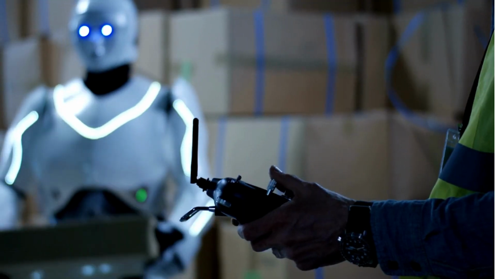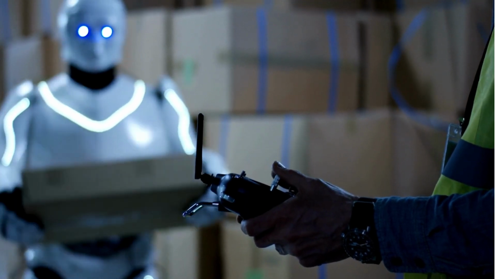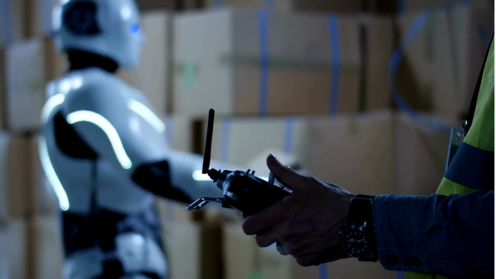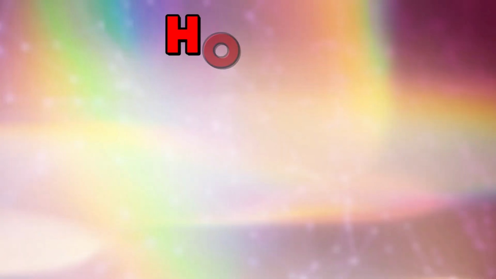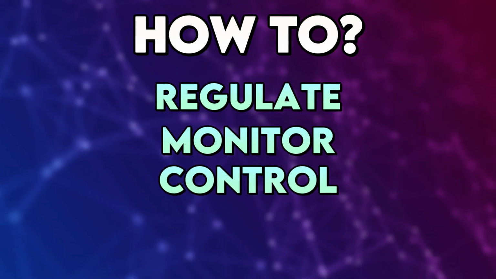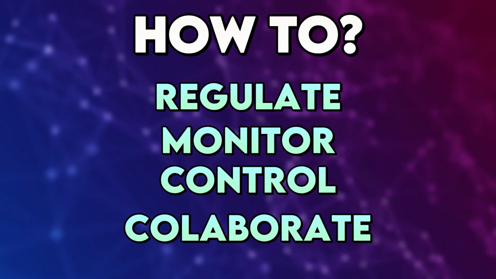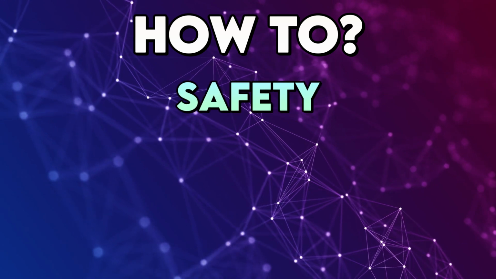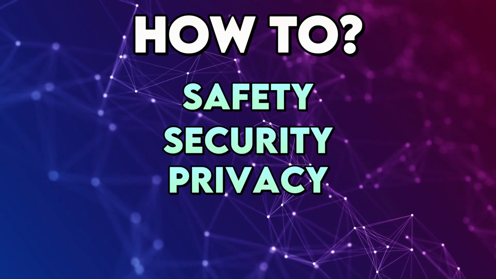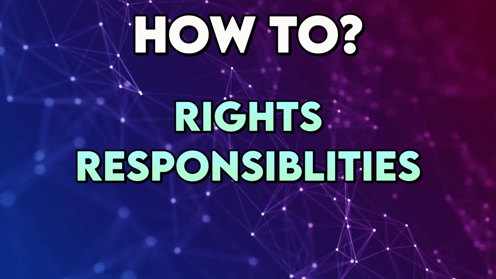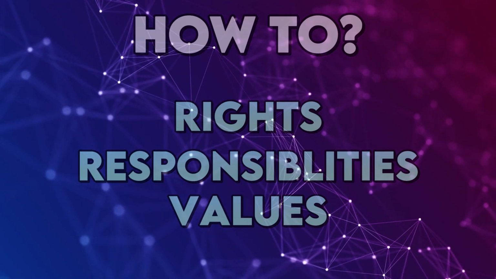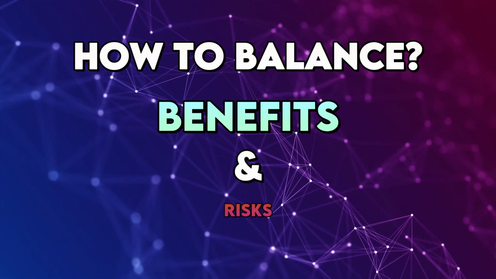These robots can also potentially affect humans and other living beings in positive or negative ways. Therefore, society and ethics need to address issues such as how to regulate, monitor, control, or collaborate with these robots, how to ensure their safety, security, privacy, or accountability, how to respect their rights, responsibilities, or values, and how to balance their benefits and risks.